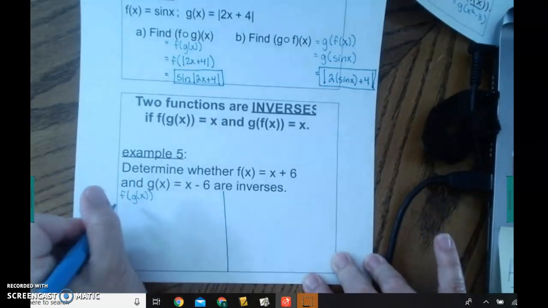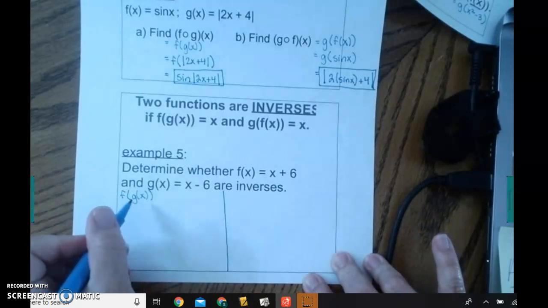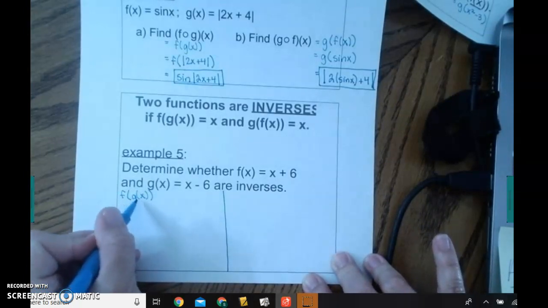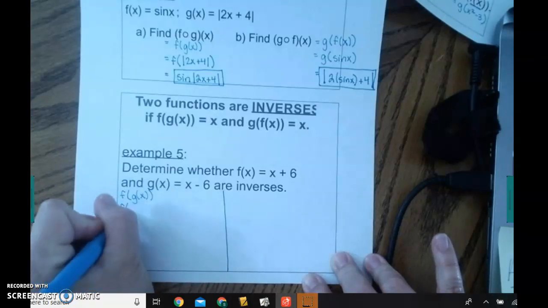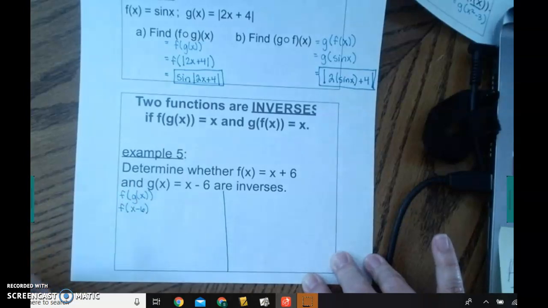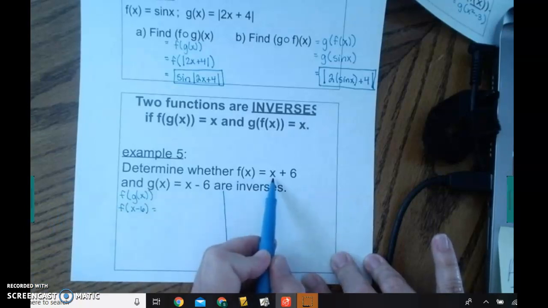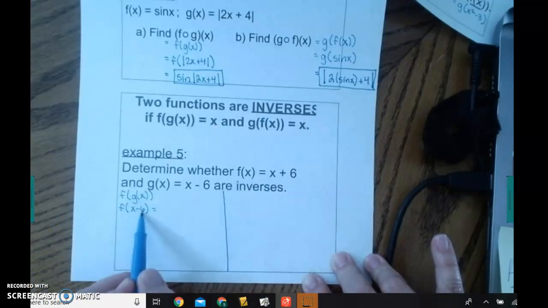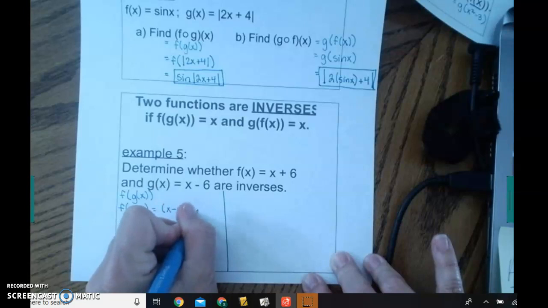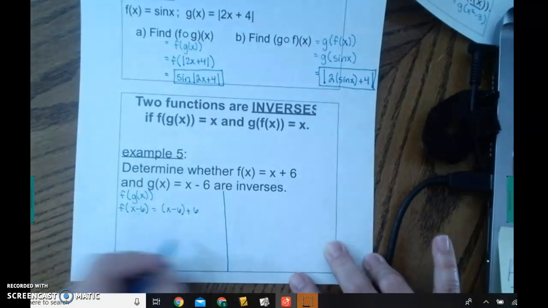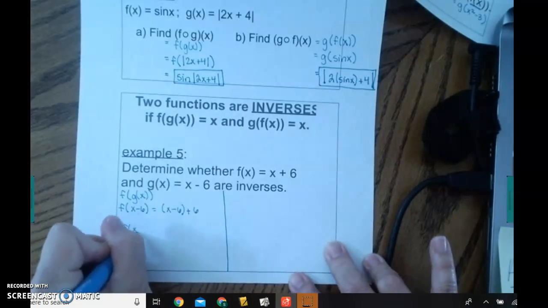So I'm going to ask myself, what is g of x equal to? g of x is x minus 6. So I'm going to replace that to find f of x minus 6. Everywhere I see an x in f of x, I'm going to substitute x minus 6. So I'm going to have x minus 6 plus 6. If that confused you, let me write it separately.